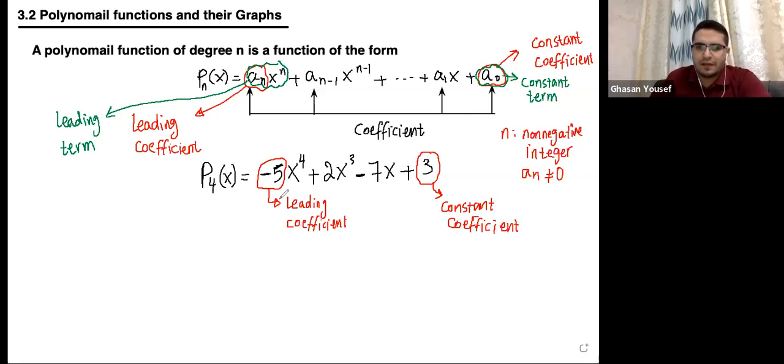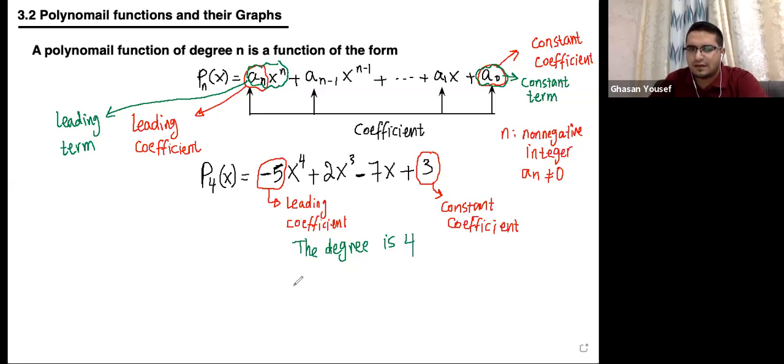Okay. Now the degree is the highest exponent. We have 4, we have 3, we have 1, and here we don't have x, which means x to the power 0. So the highest exponent is 4. So the degree is 4.